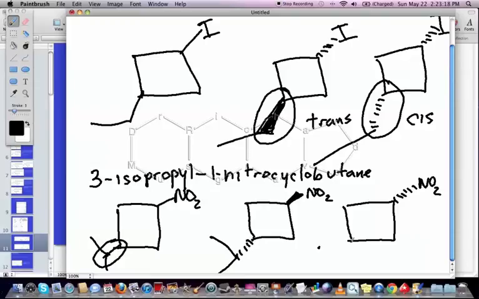I'll do the NO2 sticking out here, and this one will have to be sticking down as well. I'm going to make that cis, so this one will be cis, and this one will be trans.